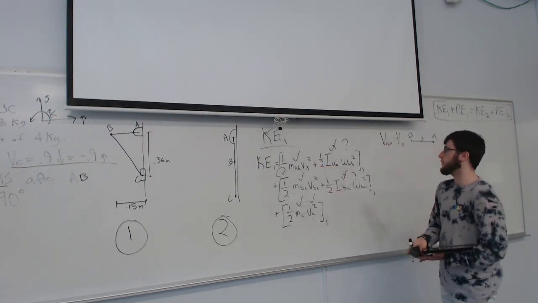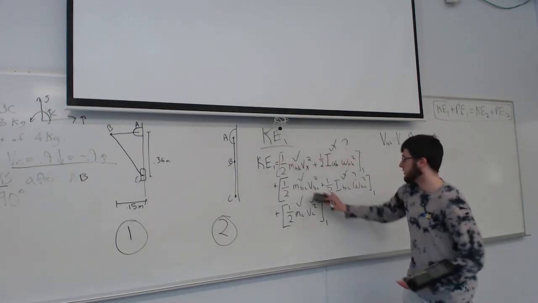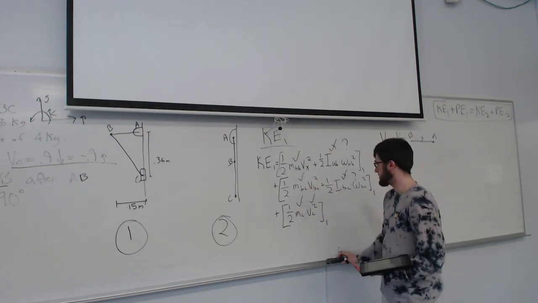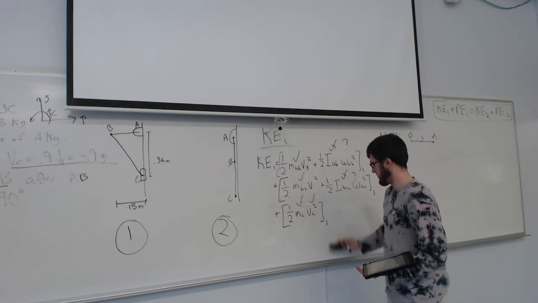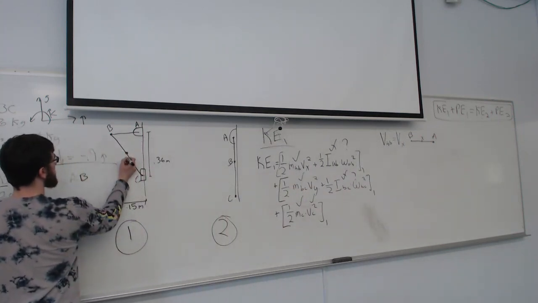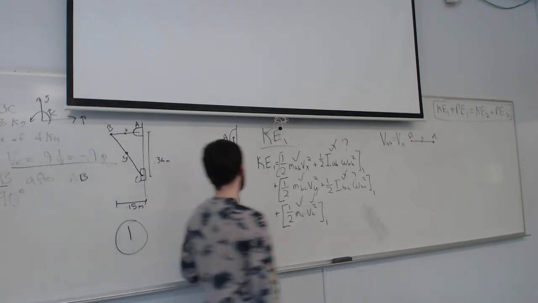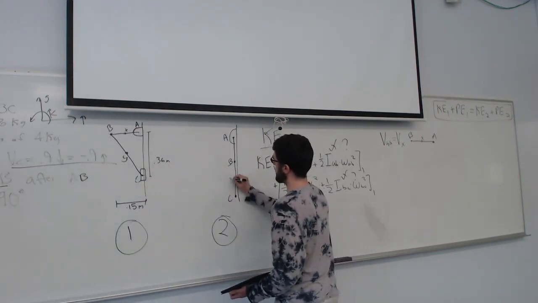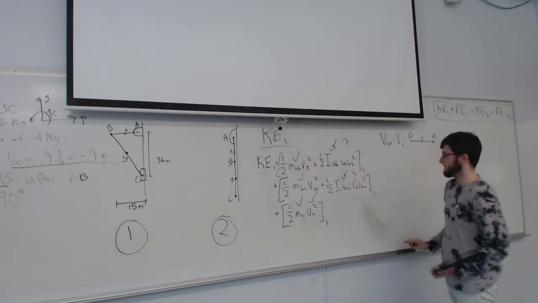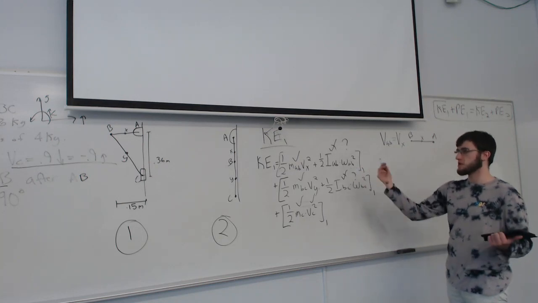So now I'm going to call velocity of AB velocity of X. In the same exact way, I'm going to call the velocity of BC the velocity of Y. And I'll label that. So I'm calling this Y and I'm calling this X. And everything else can stay because angular velocity of AB, that makes sense.